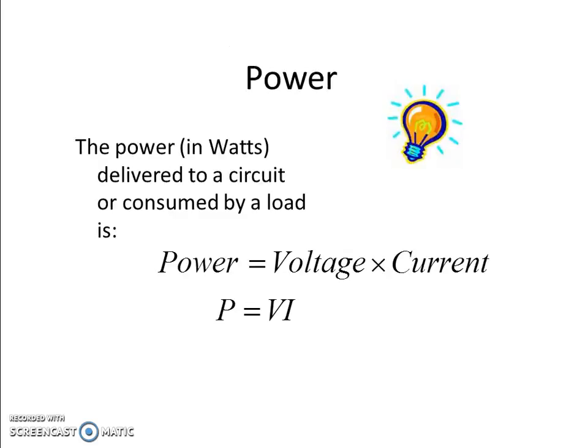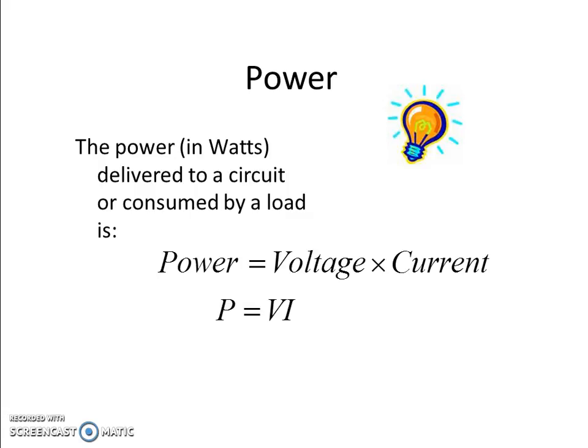Now, once we have a current in a circuit, we can then start to talk about the power that's consumed by our circuit. And we measure power in watts, and we can calculate it very simply. If we know the voltage and we know the current, then the power is the product of voltage times current. And so that's the energy consumed by a given device.